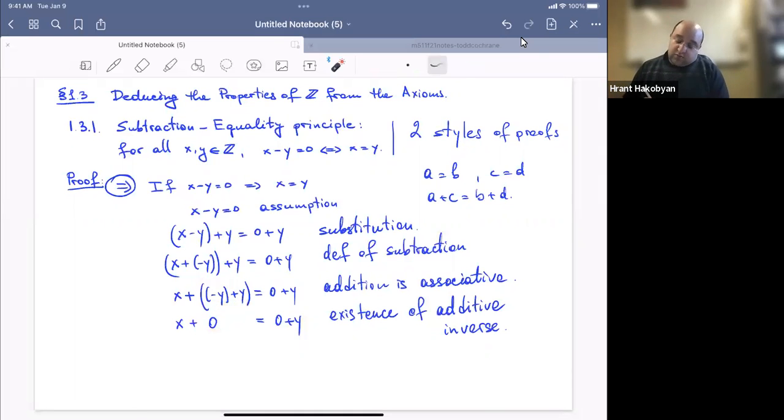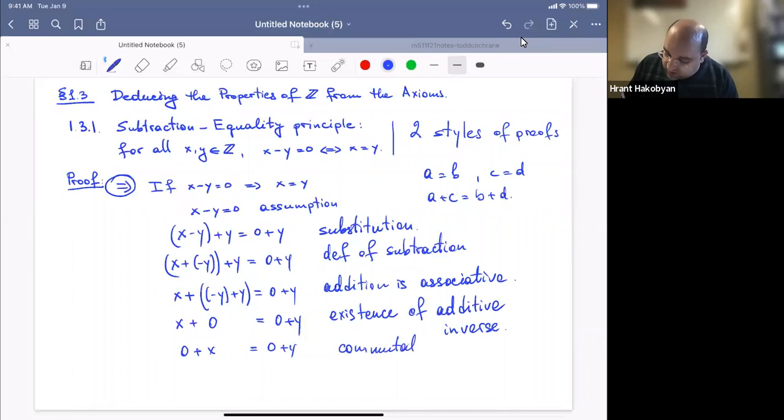And now, by the fact that I have commutativity, I can write that this is equal to 0 plus x is equal to 0 plus y. So we're using commutativity.